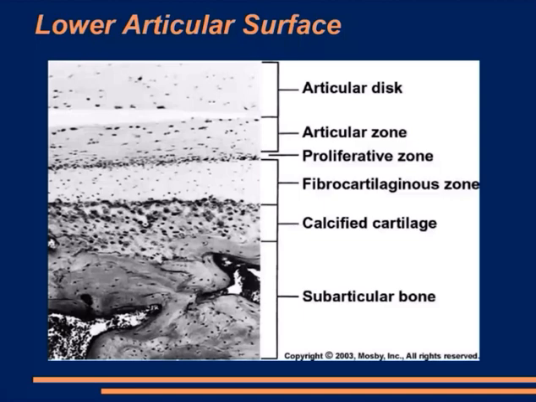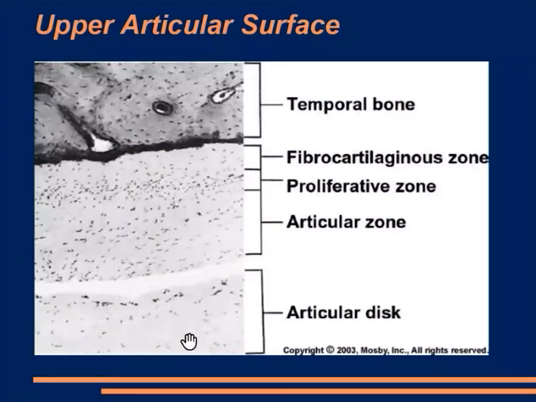This is from the upper side, above the articular disc, the upper synovial cavity, and we have the articular zone, proliferative zone, and fibrocartilaginous zone, because we don't have the calcified cartilage in the upper part. It directly covers the temporal bone. As we said, over the eminence it looks thicker than over the fossa. Otherwise, generally, this is the configuration.